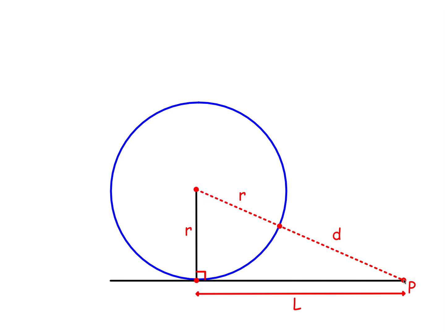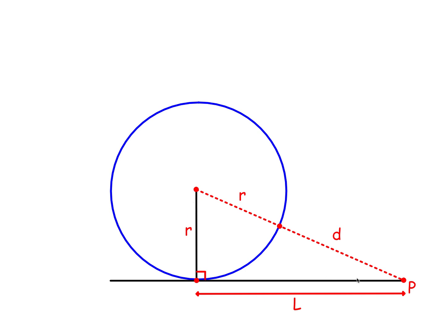So the full distance of point P from the centre is R plus D. So this hypotenuse is R plus D. Sometimes it'll be after D. That's the shortest distance from point P to the circle. If you went any other way, it'd be longer. So going the shortest distance to the circle is D. The distance from point P to the centre is D plus a radius, D plus R.